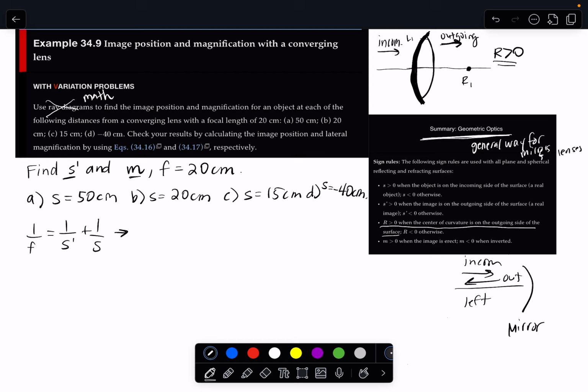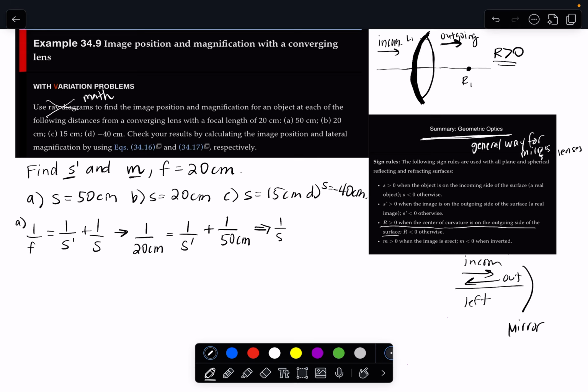We're given the focal length, which we know is positive because we're dealing with converging lenses. So that's going to be 1 over 20 centimeters equals 1 over the unknown plus 1 over the object distance, which in part A is 50 centimeters.